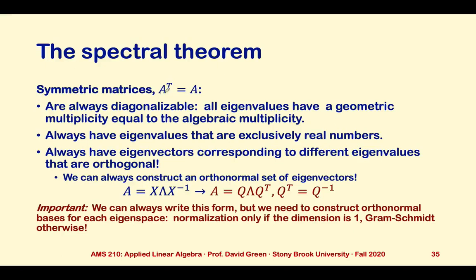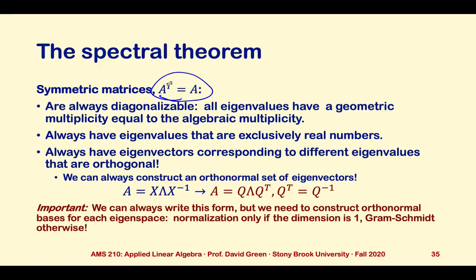When we're dealing with symmetric matrices, matrices whose transpose is equal to themselves, symmetric matrices have some very interesting properties. First of all, they are always diagonalizable. The eigenvalues always have a geometric multiplicity equal to the algebraic multiplicity. We never end up in this situation where we don't have n linearly independent eigenvectors.